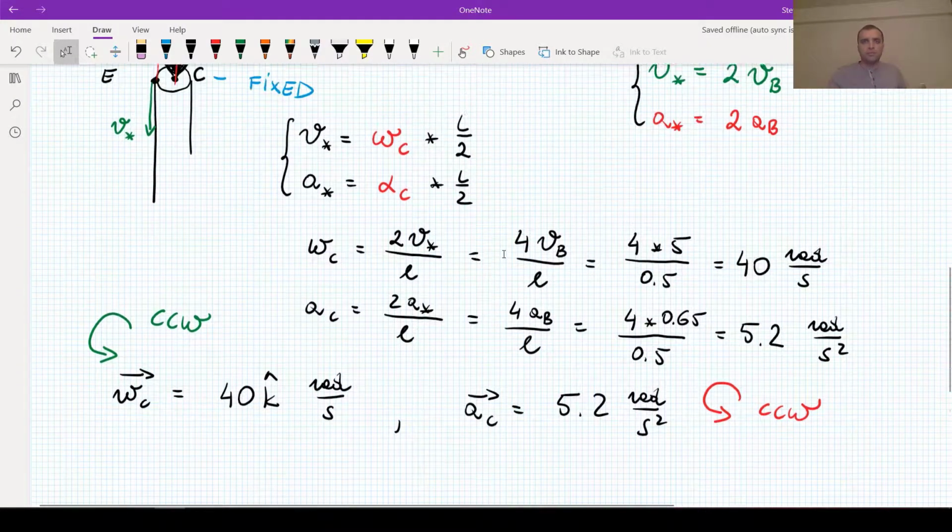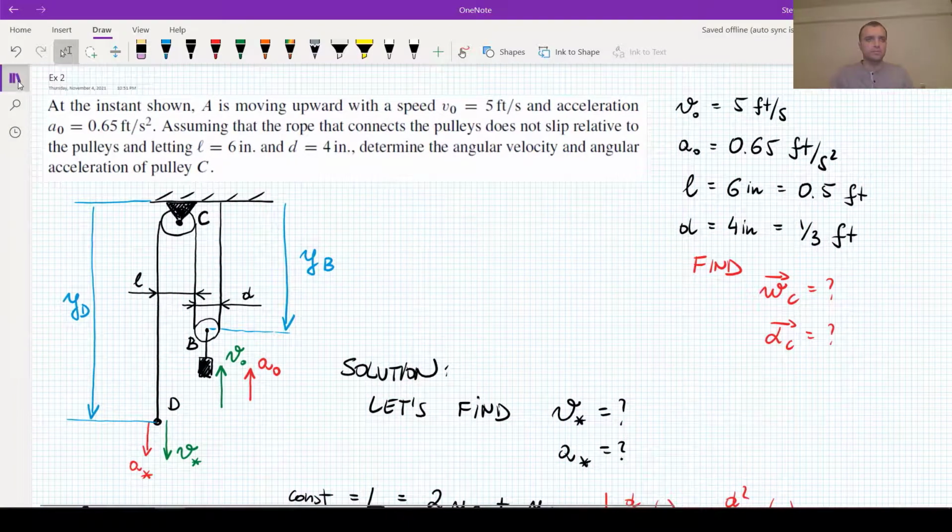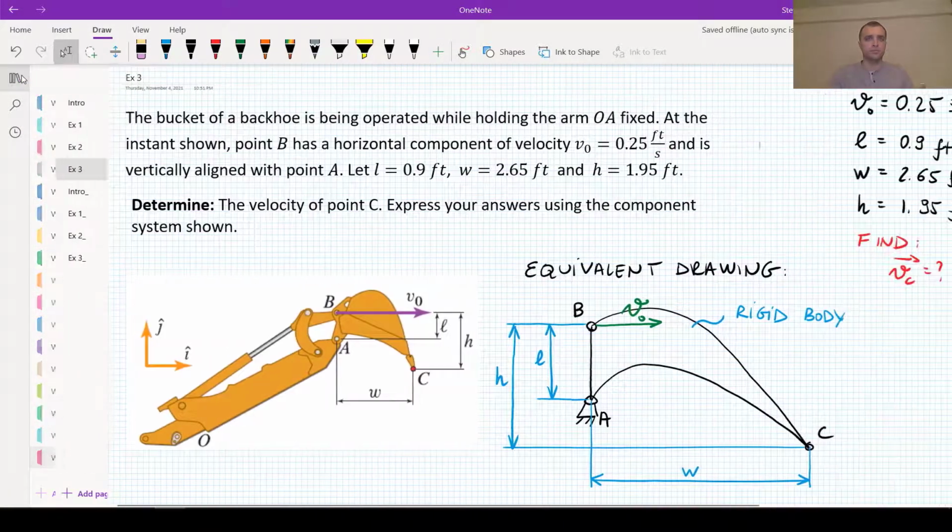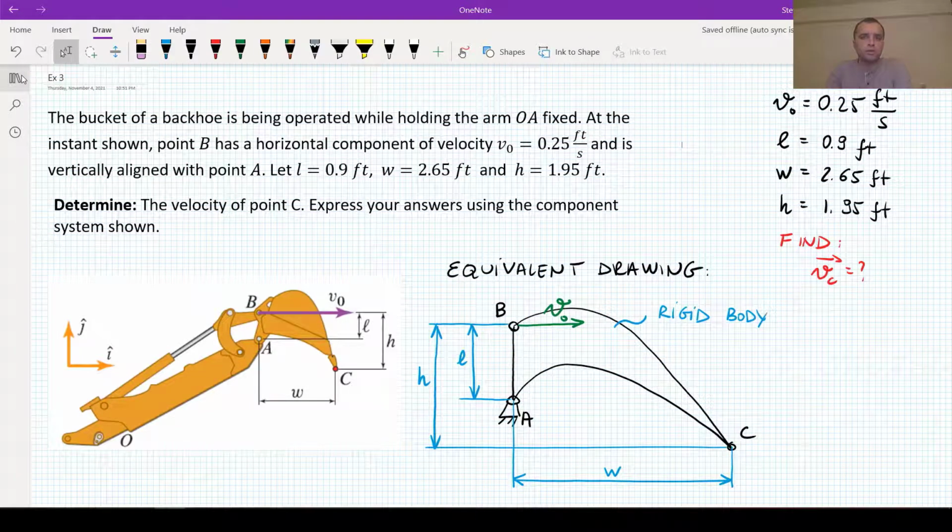Now let's do example number 3. Feel free to pause the video and familiarize yourself with the problem statement before we start our solution. All right, so the authors of our manual gave us a very complicated drawing here.